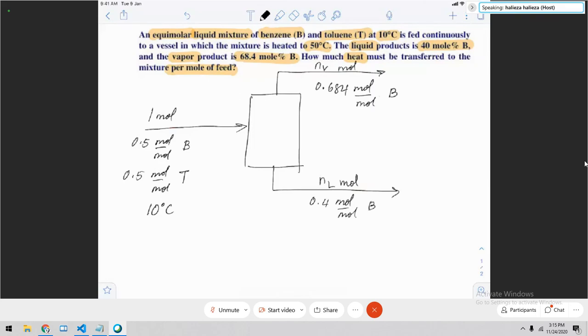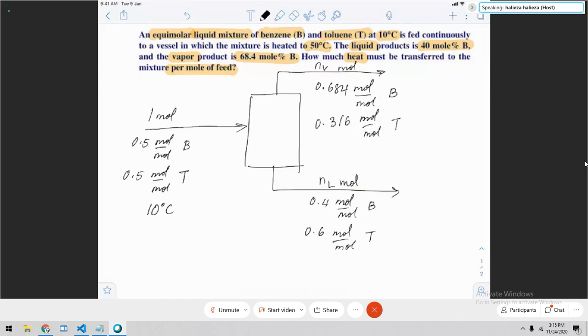So automatically you deduct that to get the mole fraction for toluene. For this case, if you subtract, it should be 0.316 mole per mole of toluene.